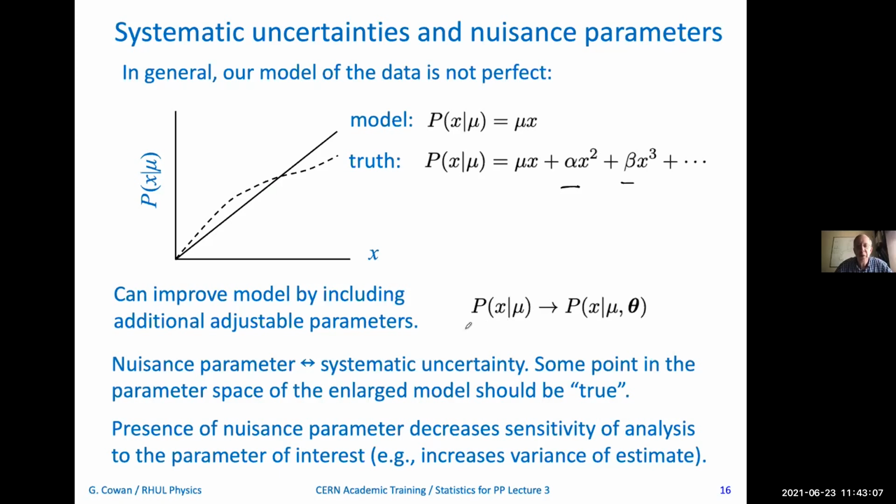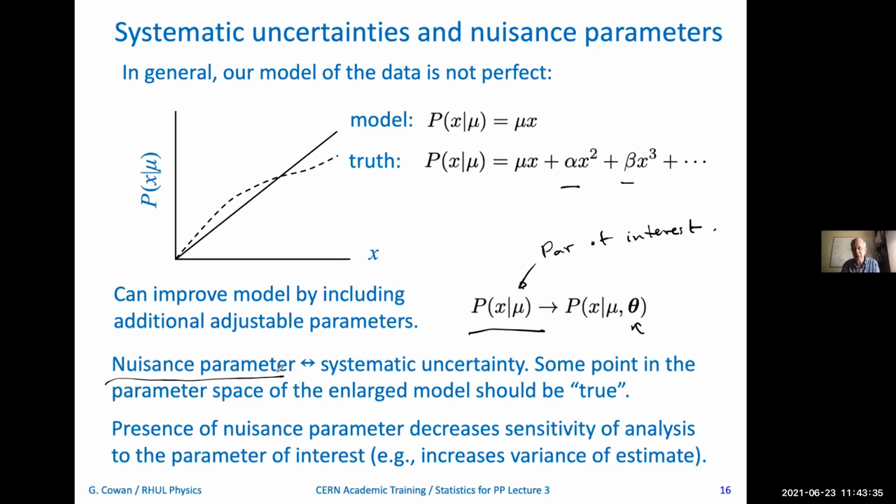We start with some parameter that we're interested in. Right? So I'll call mu the parameter of interest. And I enlarge the model's parameter space by including what I call nuisance parameters. All right, so I suppose it's true that what is a nuisance parameter in one analysis could be a parameter of interest for somebody else in a different analysis.